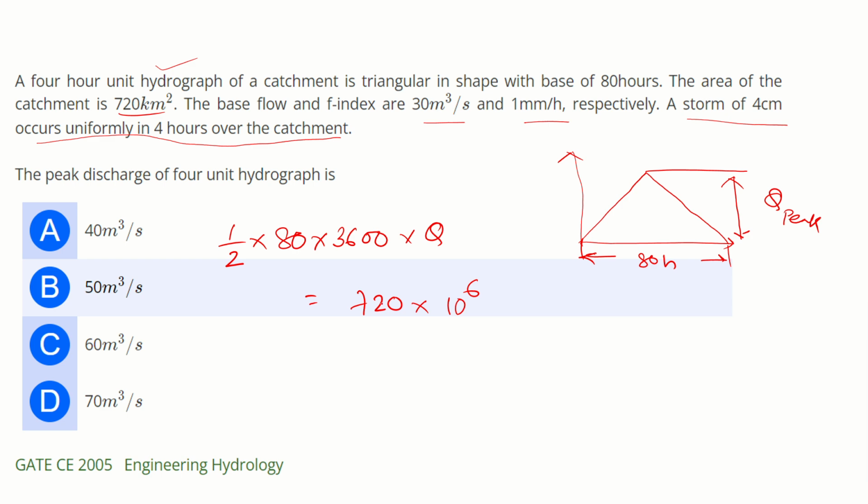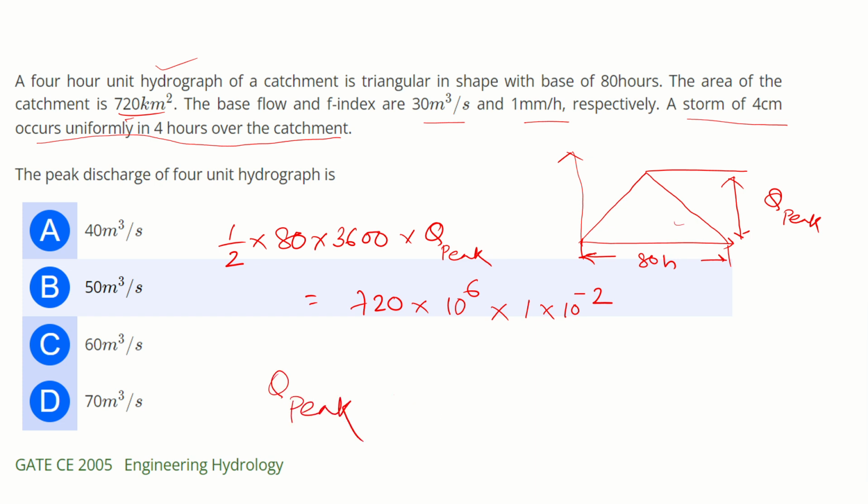So this is 720 kilometer square. I'm converting it into meter multiplied by 1 centimeter of rainfall. So 1 into, I'm again converting this into meter cubic. तो ये इस ट्राइंगल का जितना एरिया होगा that is nothing but equal to the volume of runoff due to 1 centimeter runoff. 1 सेंटीमीटर runoff अगर इस कैचमेंट के ऊपर से फ्लो करेगा तो जितना वॉल्यूम runoff हम लोगों को मिलेगा that is nothing but the area of this triangle. तो यहाँ से you can calculate the Q peak.